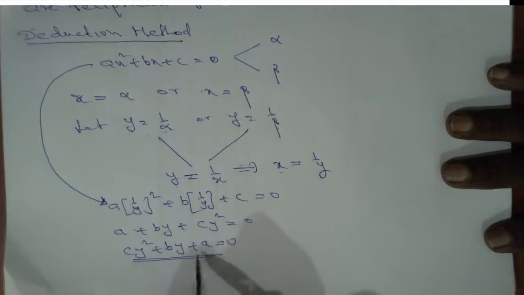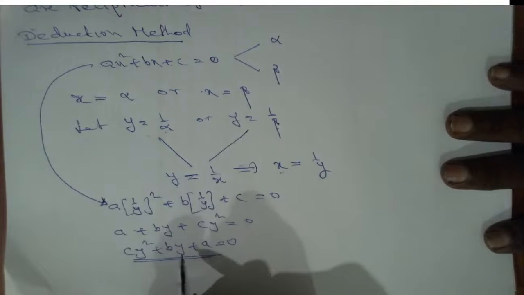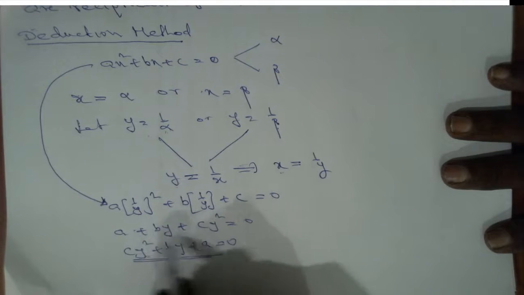Now in this equation, y is the dummy variable, right? You can use any symbol for this. If you want, you can use x; if you want, you can use t, right? You can use any symbol.